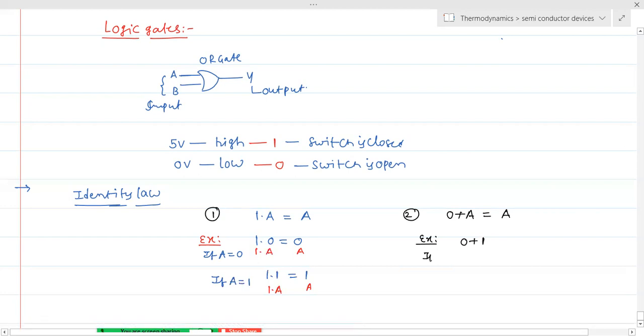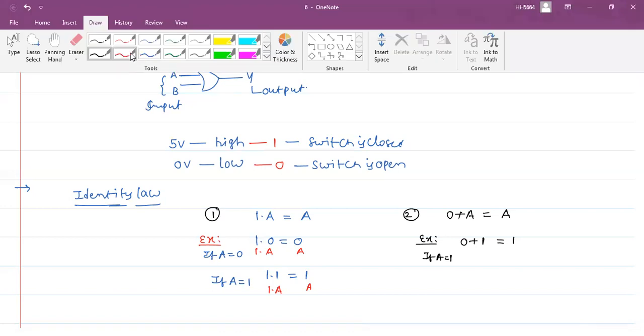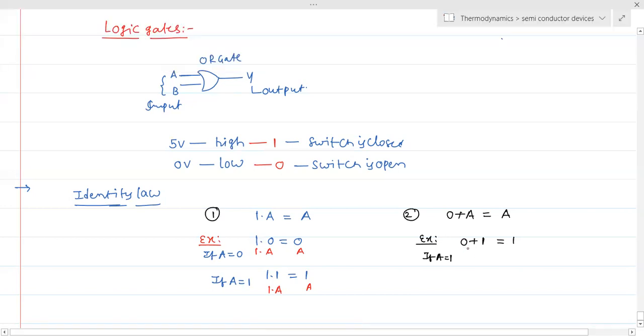If A is equivalent to 1, 0 plus 1 means 1. Simply, instead of 1 we are taking A, so we are trying to prove 0 plus A is equivalent to A. Finally we have A, so hence it is true.